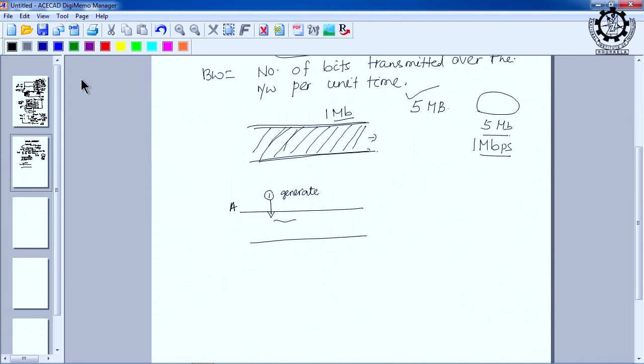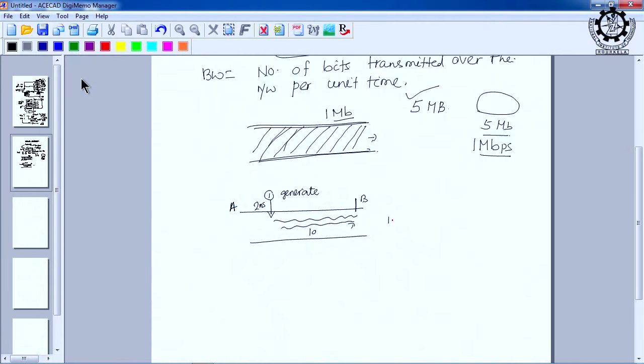Then the data will be transmitted over the channel to reach the destination. If the destination is B, it will take some time from here to here, right. So, if A takes 2 milliseconds to generate the data and 10 milliseconds to transmit, what is the total delay for transmission of the actual data? It is 12 milliseconds, right.